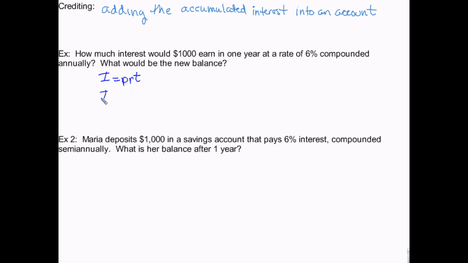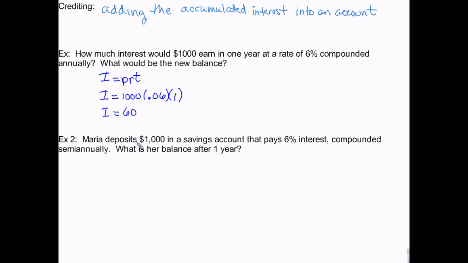So I have $1,000 at a rate of 6%, so that's 0.06, and it's 1 year. So that's going to be 60, I think. So that first year, it's going to be $60.